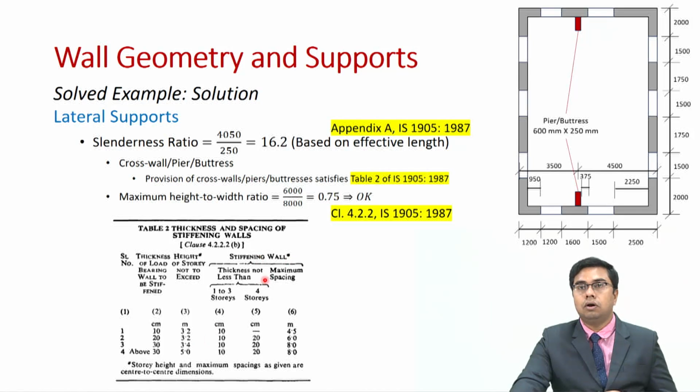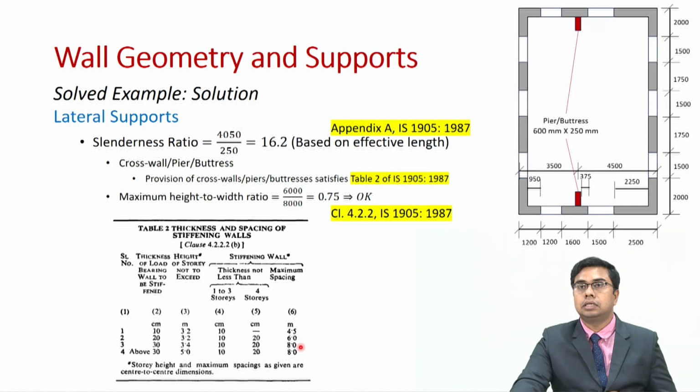The stiffening wall on the other case, for 1 to 3 story building, shall be minimum 10 centimeter thick, which means 100 mm thick. We have provided 250 millimeters thick. So, this is all right. Then the maximum spacing of these walls shall be 7 meters.